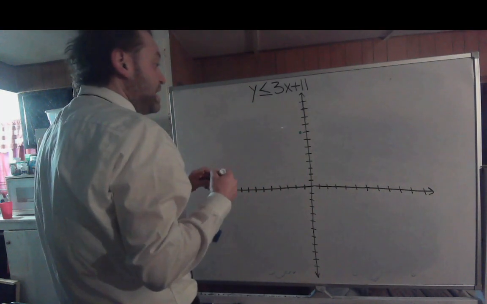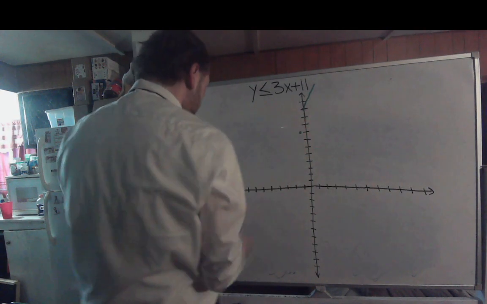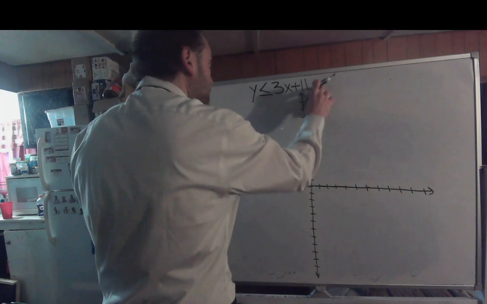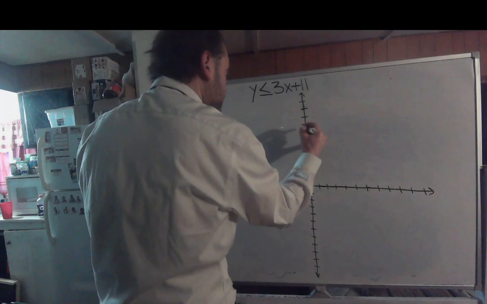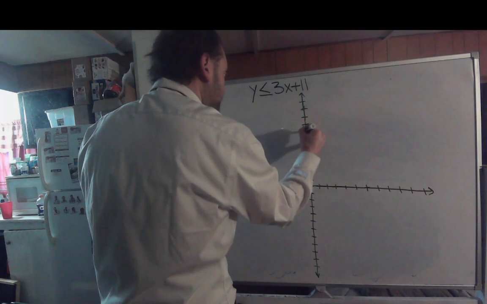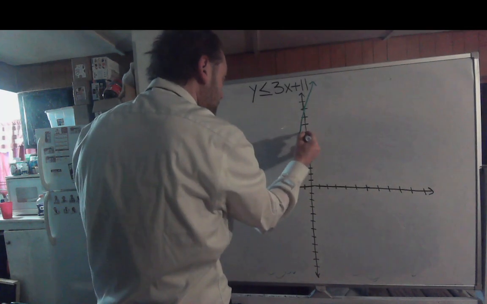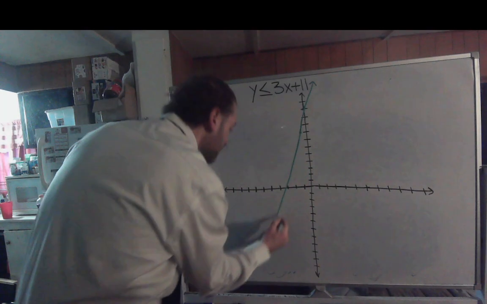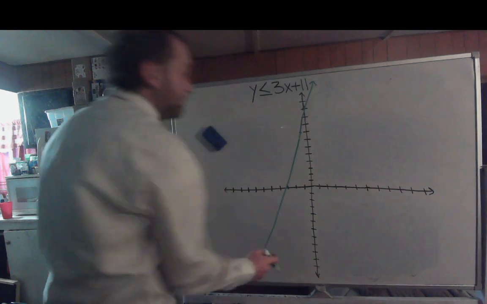Alright, so now you draw the solid line through y equals 3x plus 11. And there's your graph of y equals 3x plus 11.